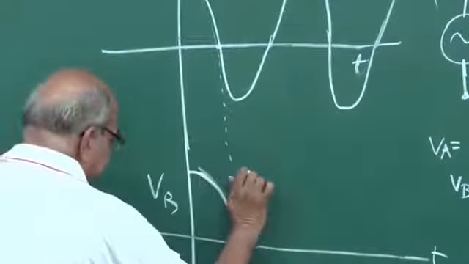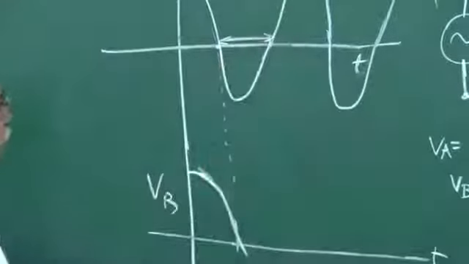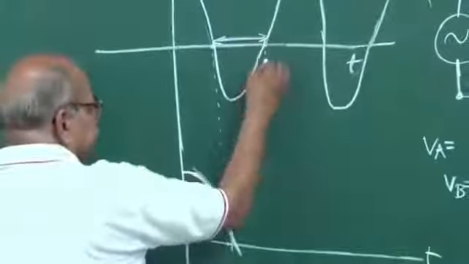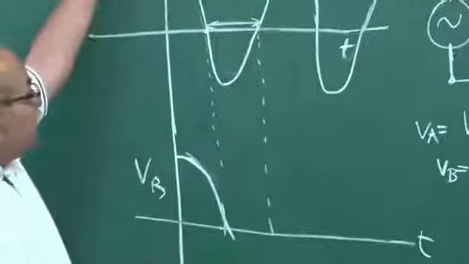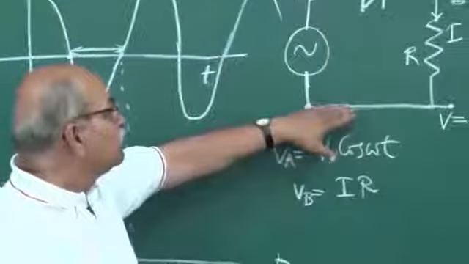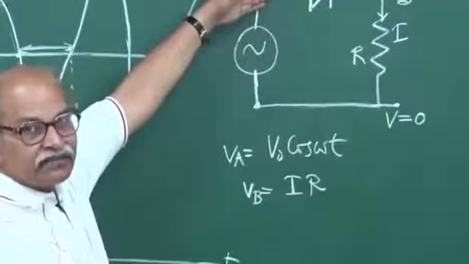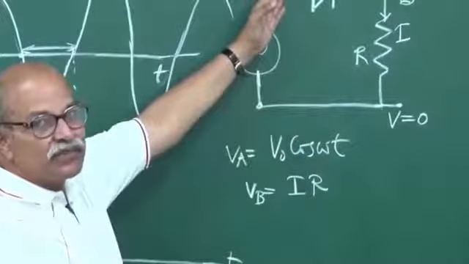After that, during this period, what happens? During this time, VA is negative. So this is at 0 but this is at negative. That means this is the higher potential side and this is the lower potential side.